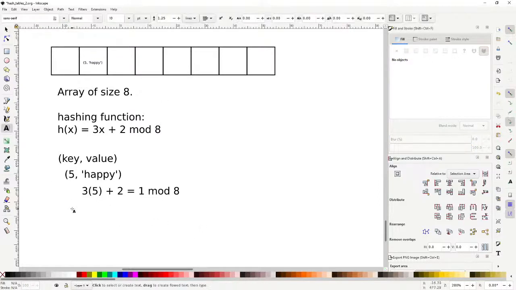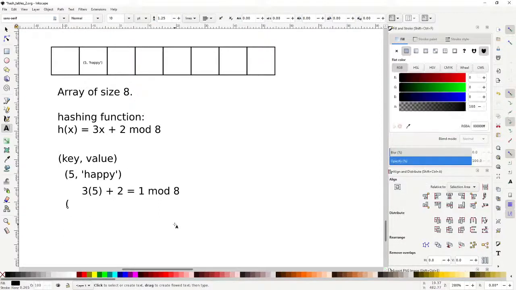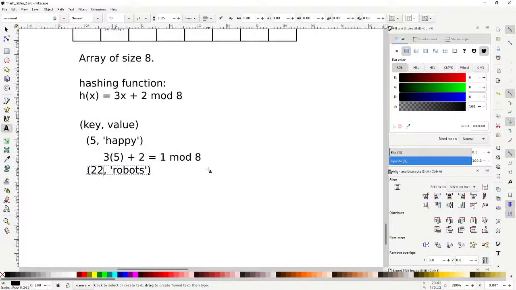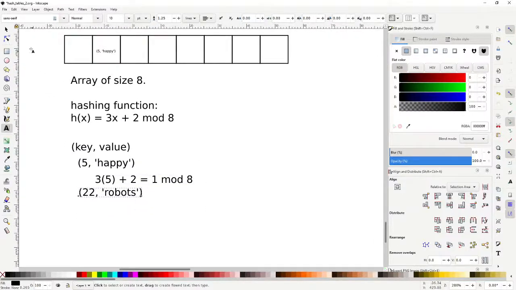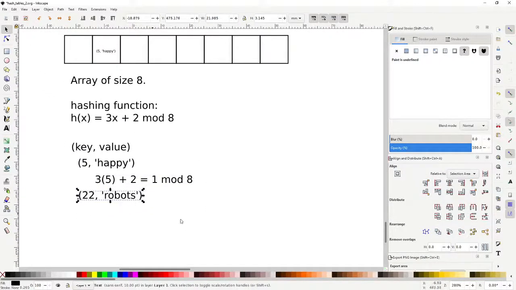Okay, so let's do another one. Let's say 22 robots, right? Remember, the value is completely irrelevant. We don't use the value at all for hashing. We only ever use the key, okay?